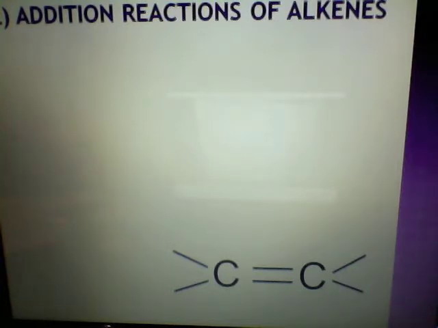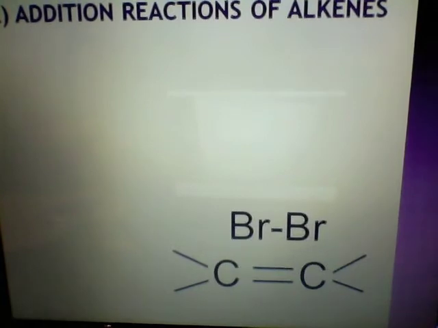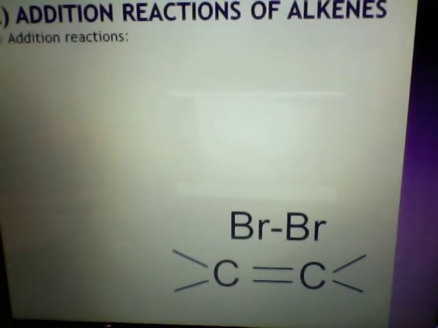So we've got ethene down here, and we have bromine. Bromine is red coloured. Okay, it reflects light in the red coloured wavelength, and that's what we see. So now, because the double bond is very reactive, sometimes it breaks.